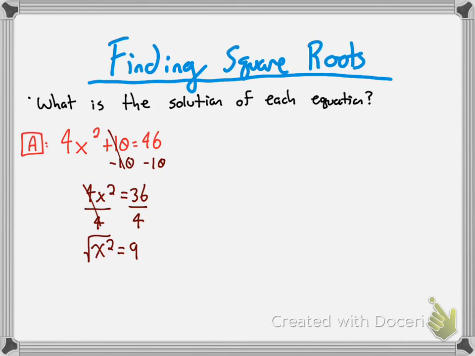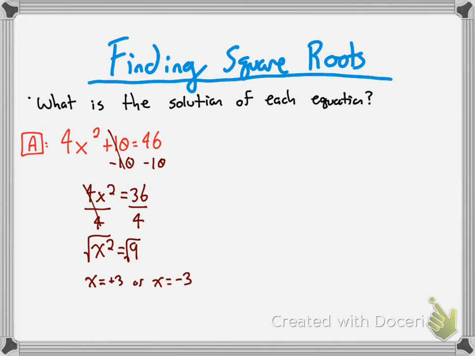When I do that, I'm left with x equals positive 3 or x equals negative 3. I say this because as I work backwards, I don't know if positive 3 or negative 3 gave me my answer. Both of these solutions would work because negative 3 squared and 3 squared both give me 9.